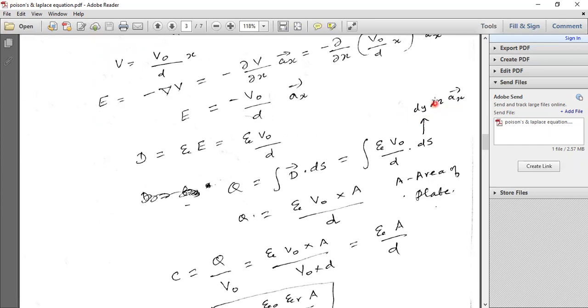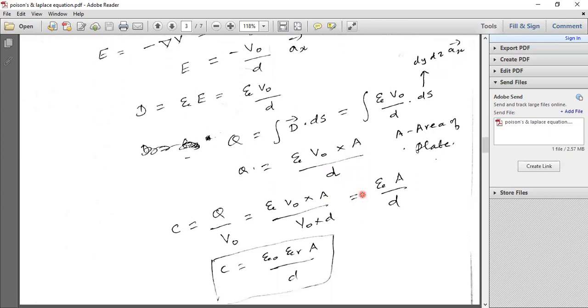Because the normal vector is perpendicular to this surface. So when you solve this, Q is epsilon V naught by D into A, where A is the area of the parallel plate. So Q by V naught is epsilon V naught A by D divided by V naught. V naught gets cancelled, giving epsilon A by D.